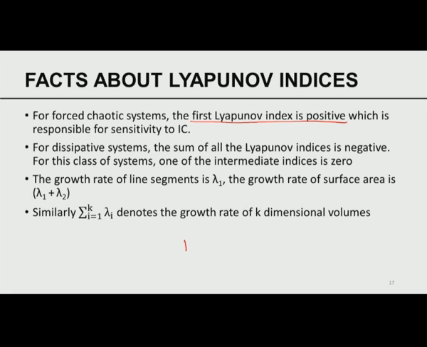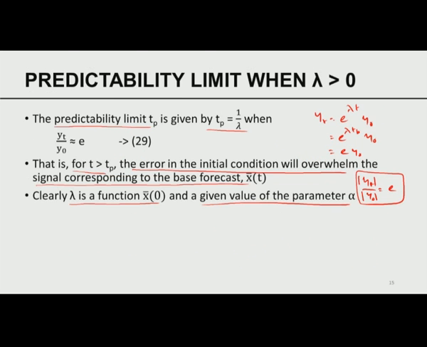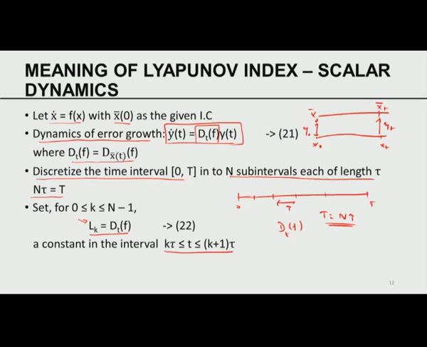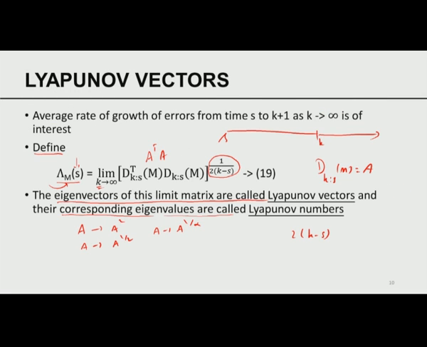You remember we talked about the matrix. Let's go back. In the definition of Lyapunov indices, we talked about this matrix in 19. Lambda m is a matrix. A matrix has m different eigenvalues. So, the analysis of the first eigenvalue leads to the first Lyapunov index, the second eigenvalue leads to the second Lyapunov index.